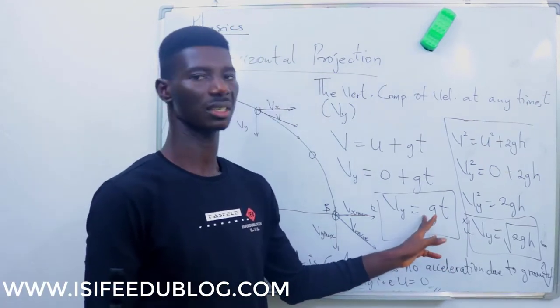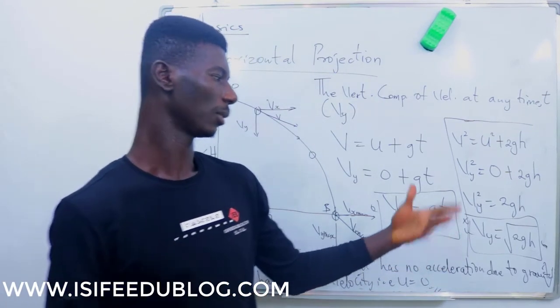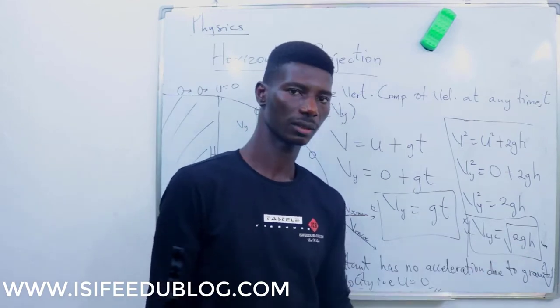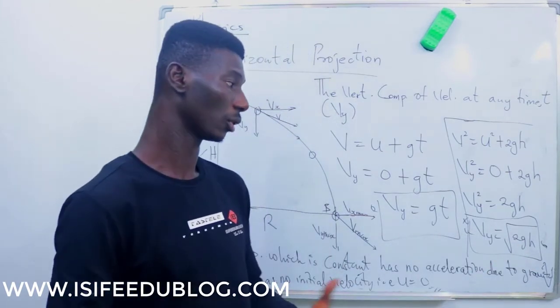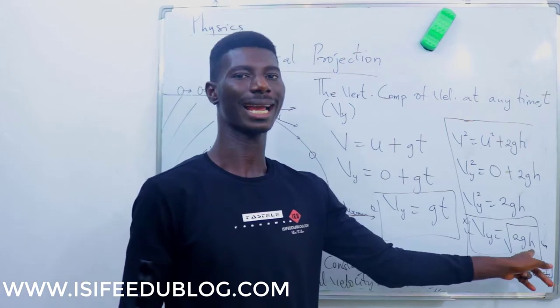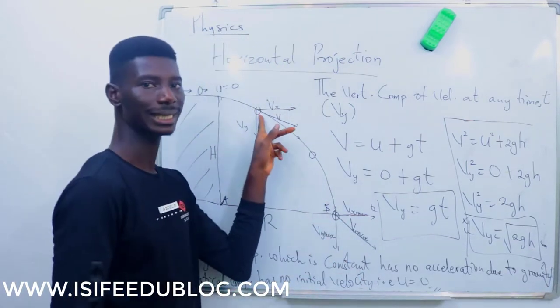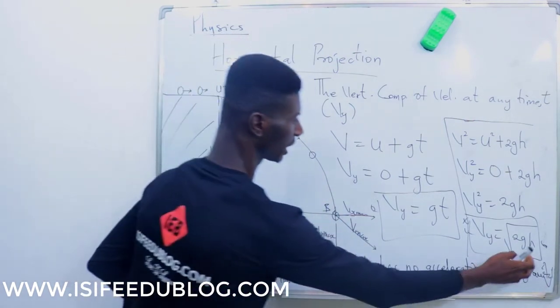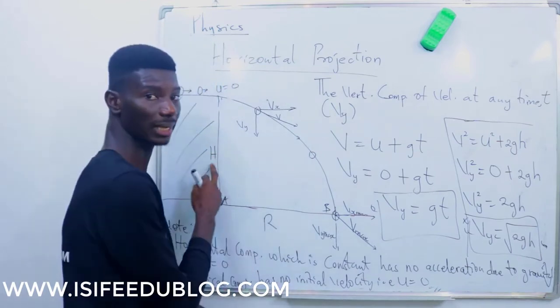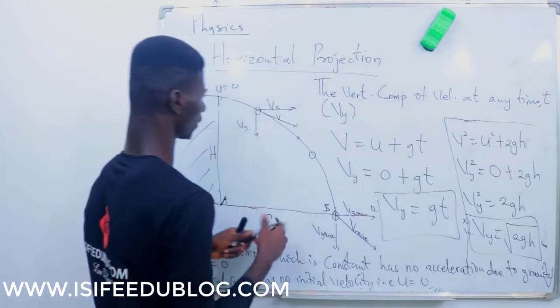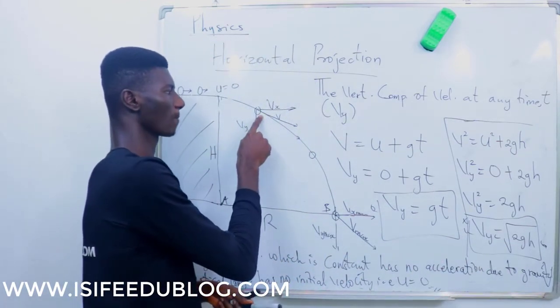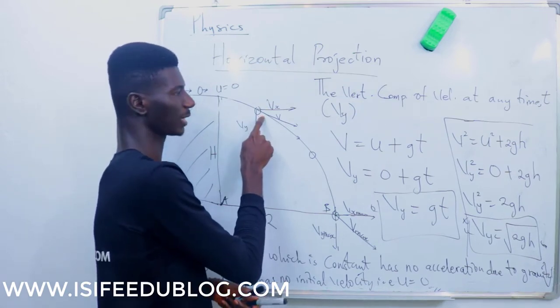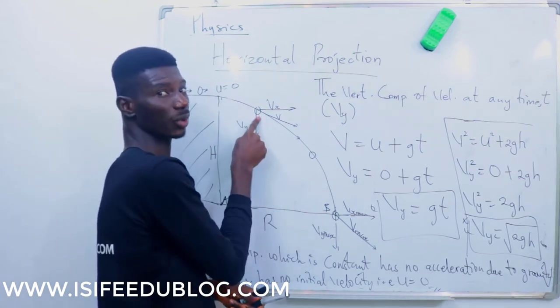Just multiply by the acceleration due to gravity in bracket. But in case t is not given, they say calculate, they did not mention t, but they know the height at that particular point. That is what I mean. This h is not the maximum height. For instance, I'm trying to calculate the vertical component of the velocity at this particular point.